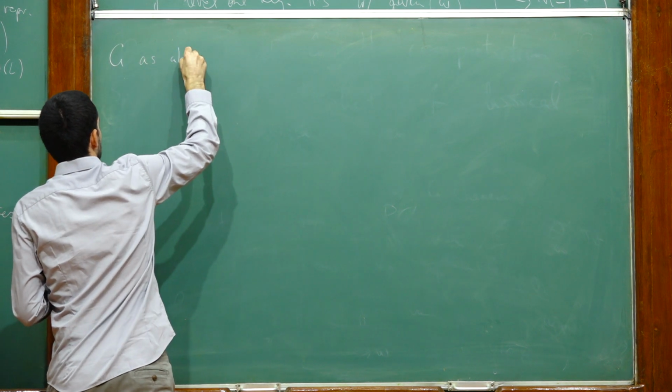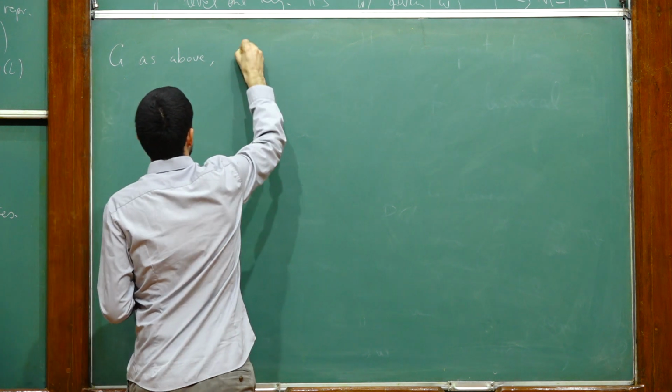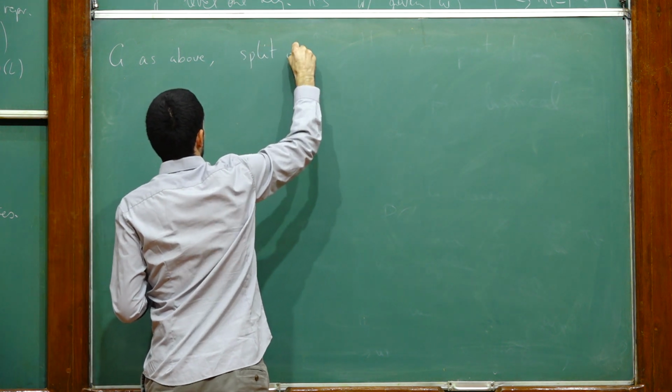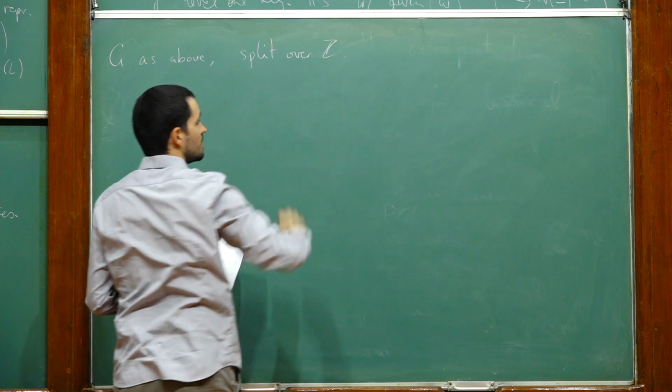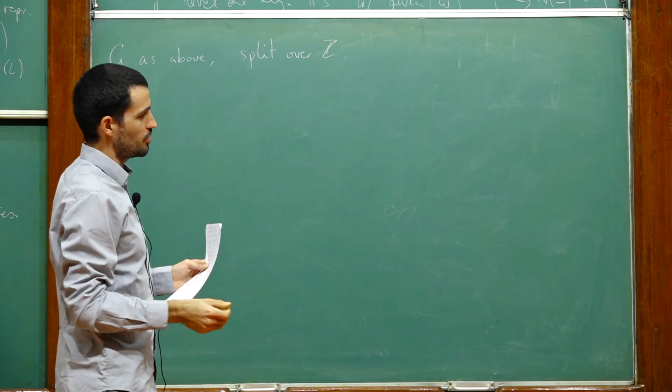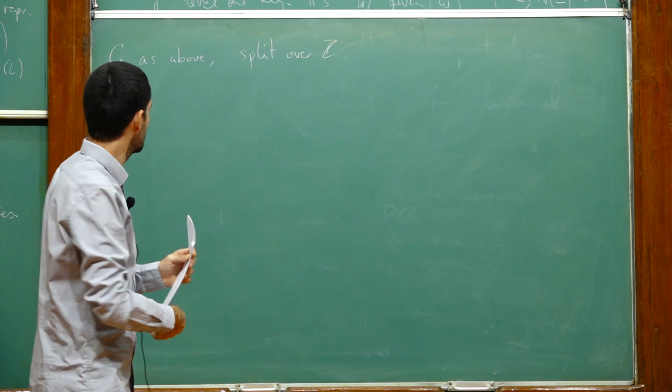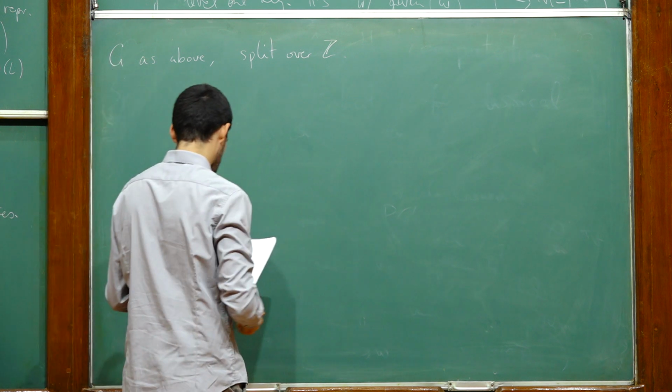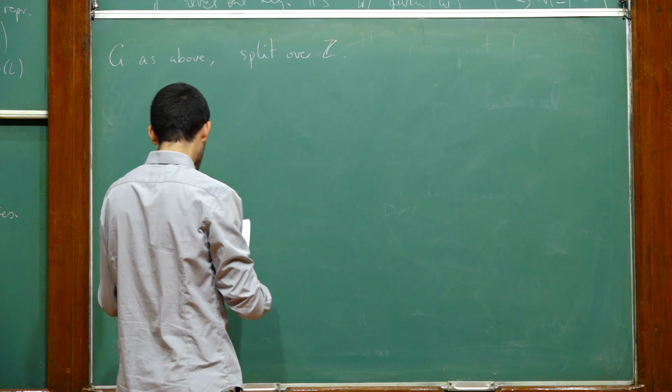So we take G as above, and for simplicity we take it split over Z. So it's erased on the board, but if you remember the conditions on the signature that we had, these exist for any m, of course.